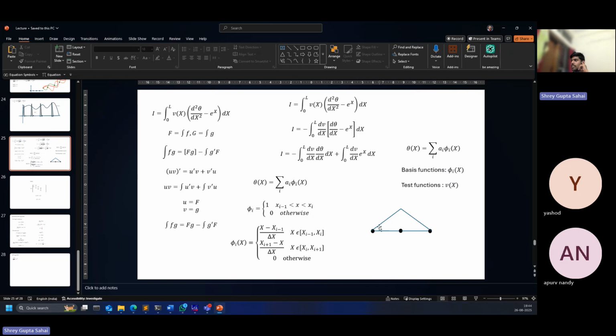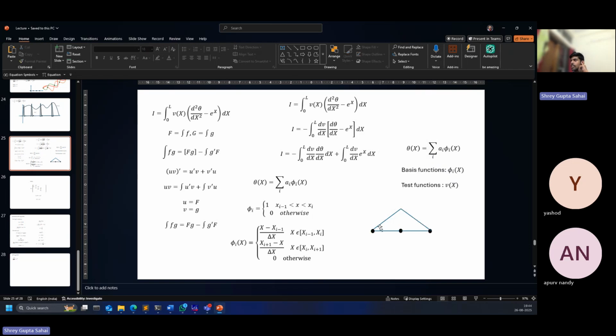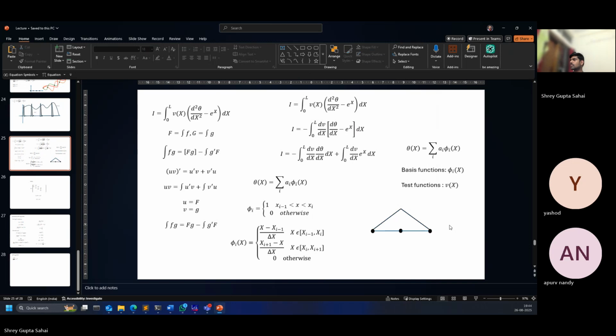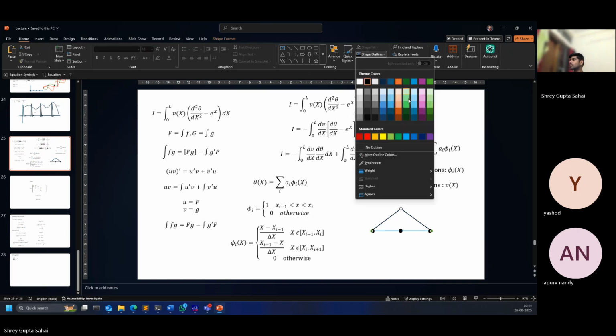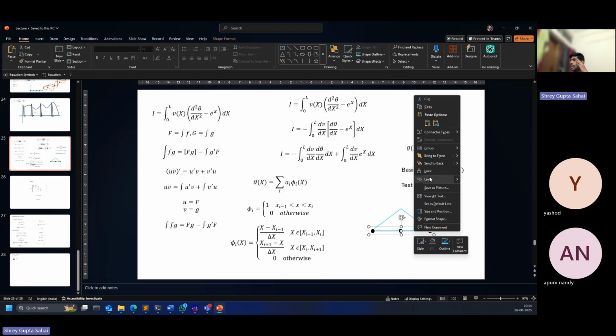You might ask, how do we get this? From where can we get the inspiration for arriving at this kind of hat function? Can someone tell me? So I'll tell you the idea there.